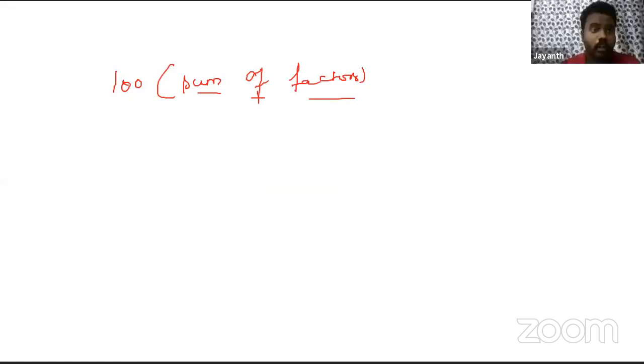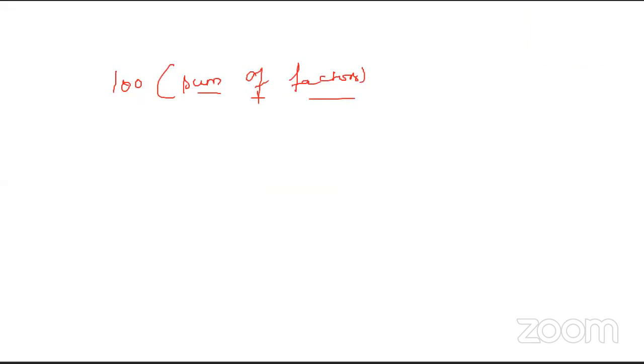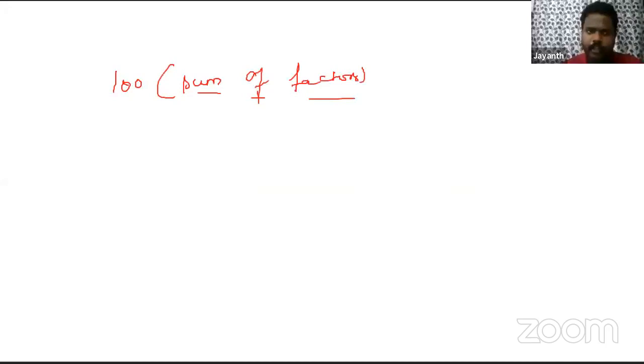The sum of factors of 100 is 868. Sir, 217, sir. 217. Excellent. What's her name? Bharatwaj, sir. Yes, Bharatwaj, you are right.